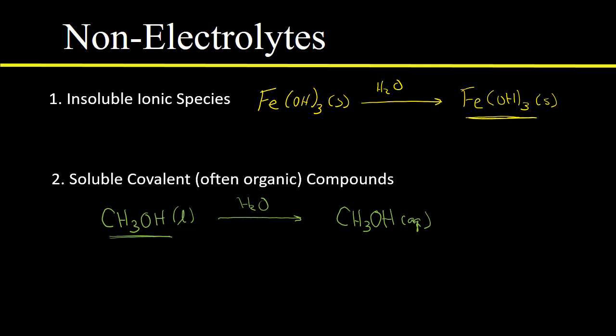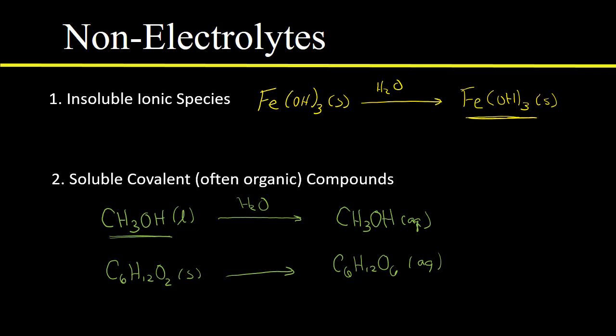Okay? You can recognize these typically. A simple sugar molecule would be another example. You can recognize these types because they're almost always organic molecules. I can't think of any other examples of soluble things that aren't organic molecules.